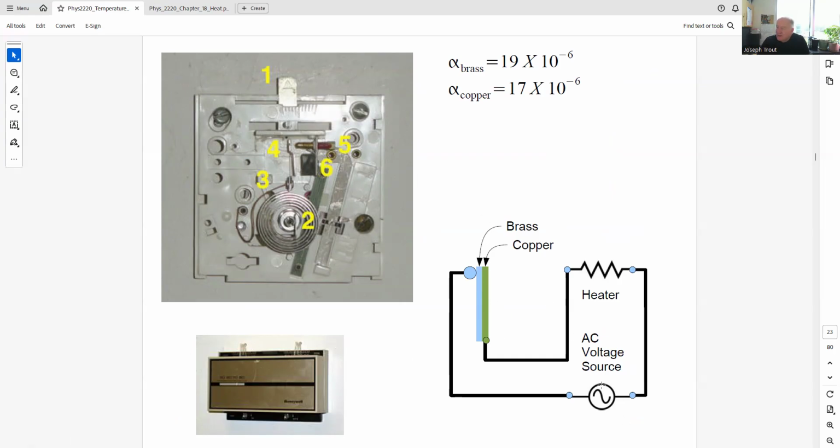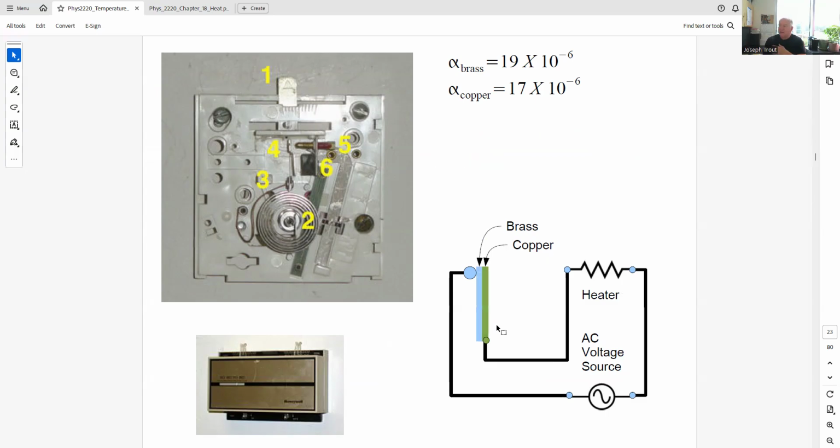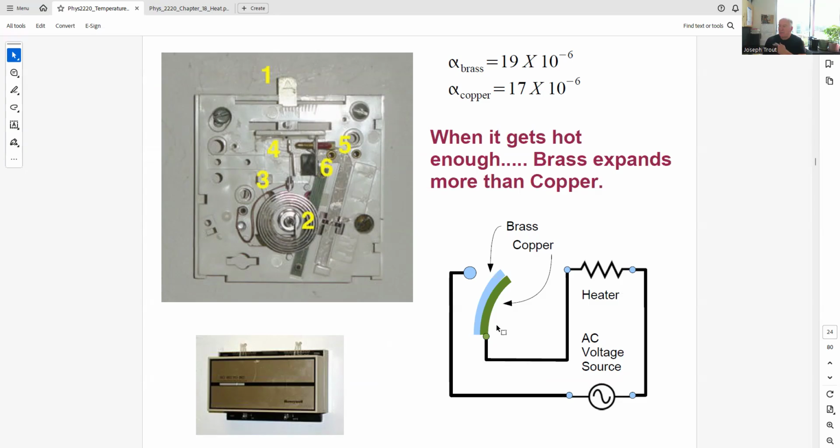What will happen is we have a heater here, and we have this switch that's closed and it turns on the heater. When the temperature gets hot enough, the brass will expand more than the copper and it'll bend away, right? So as the brass expands more than the copper, it bends away and it turns your heat off.